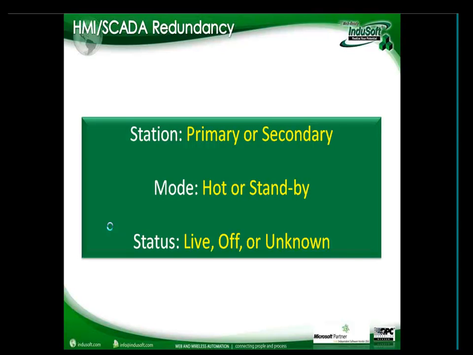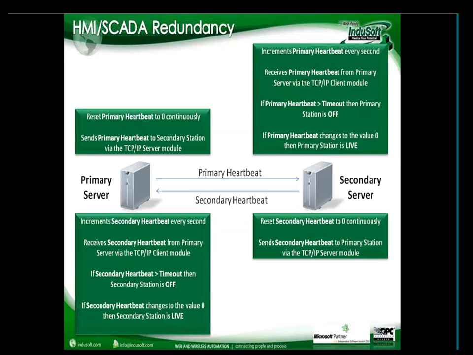So how to find out if the remote station is live or off? With a simple heartbeat algorithm between the primary station and the secondary station. So for instance, in the primary station, I create a tag called primary heartbeat, and in a script, I write the value 0 to this tag continuously. So in the primary station, I reset this tag all the time.